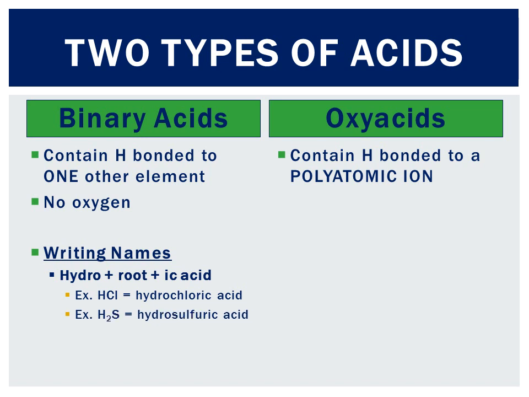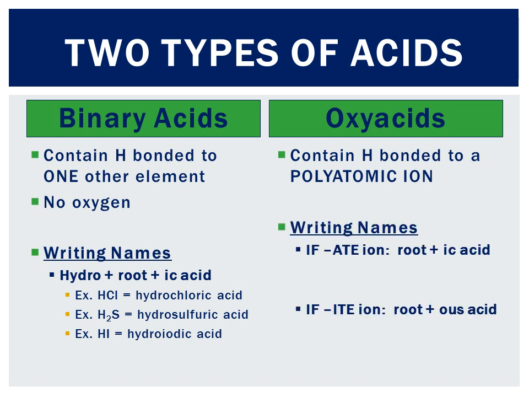I have H2S: hydro, the element is sulfur, the root sulfur, hydrosulfuric acid. Last one here, I have HI: hydro, I is iodine, hydroiodic acid. Okay, so I'm chopping off the end of the element and I'm putting ic, acid.